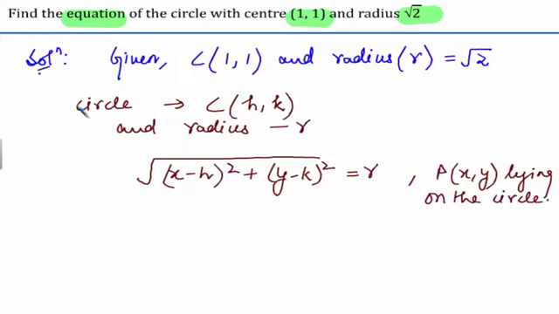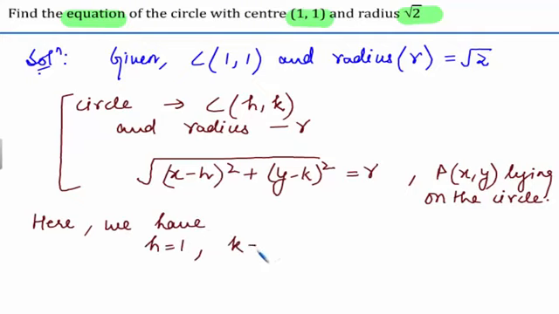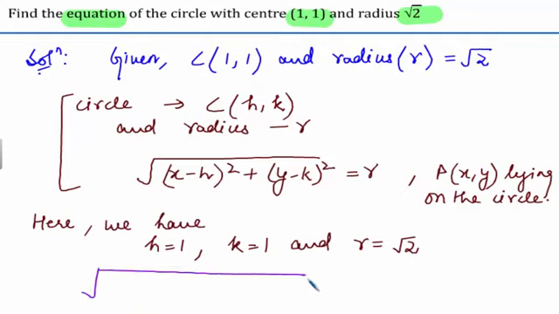So comparing this with the given data, we find here that the value of h is 1, k is 1 and r is equal to square root of 2. Therefore, the equation of the circle is given by (x minus 1) whole square plus (y minus 1) whole square is equal to root over 2.